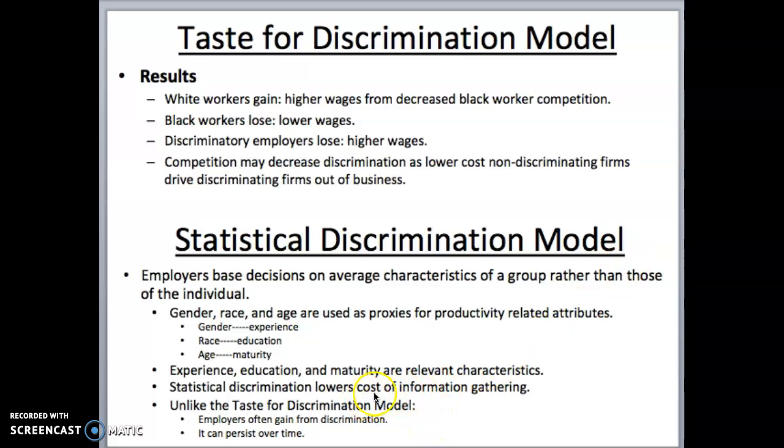They're lowering their costs of information gathering by using gender, race, and age as a proxy for these relevant characteristics. They are getting to relevant characteristics, those that matter in doing the job, through this kind of discrimination, which means it can persist much longer and be much more problematic for a society than the taste for discrimination model.